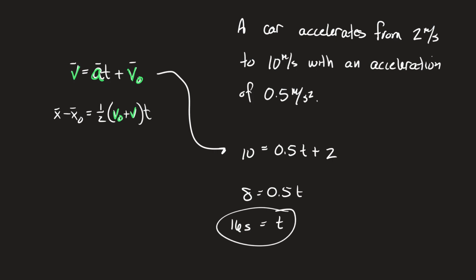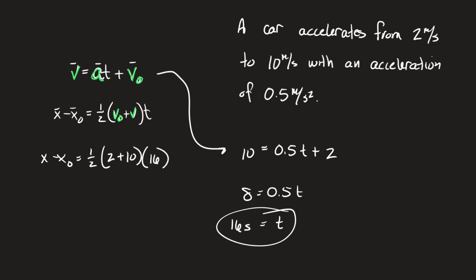All right, we know how long it took for the car to accelerate, 16 seconds. So x minus x naught equals 1/2 times v naught, which is 2, plus v, which is 10, times t, which is, we now know, 16.